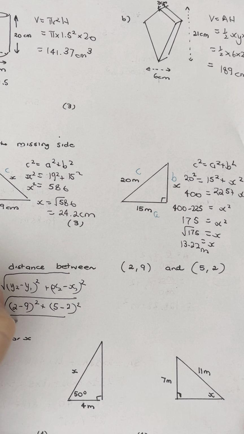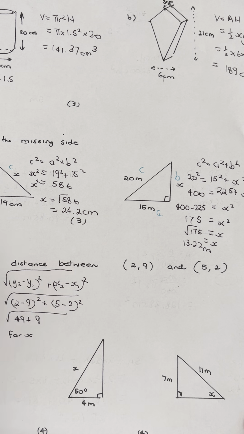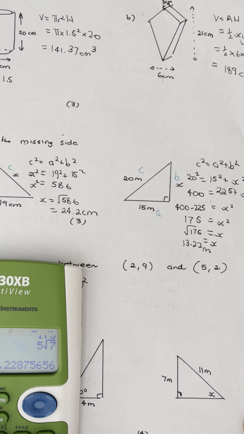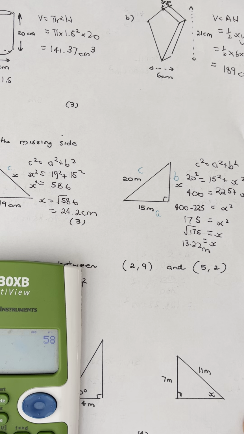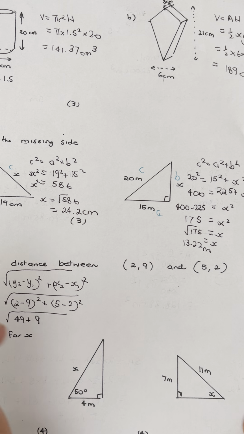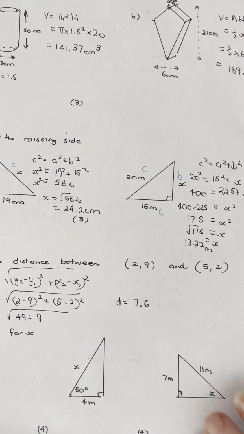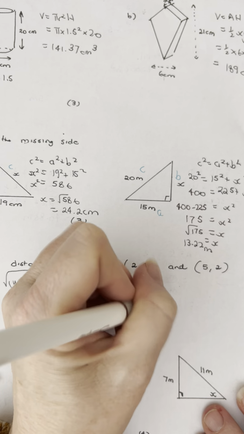When I square negative 7, I get 49. 5 take away 2 is 3. When I square 3, I get 9. So I've got the square root of 49 plus 9. The 49 plus 9 is 58. Square root of 58 is 7.6. And we don't have any units there, so we can just write units.